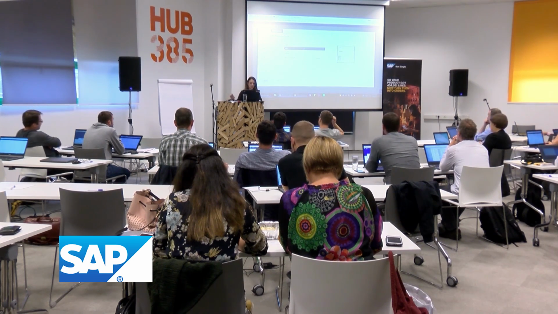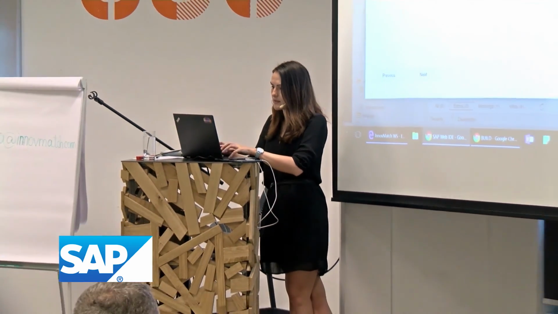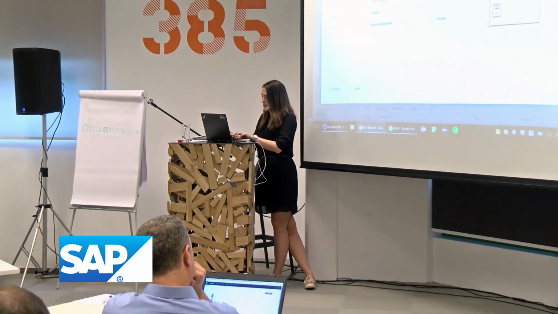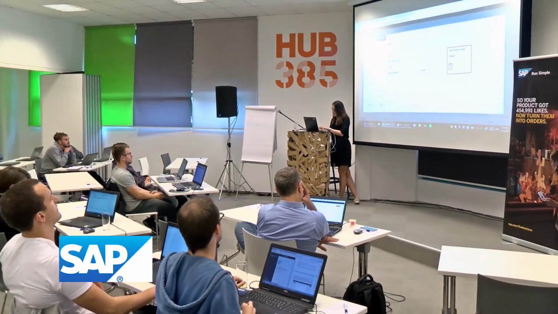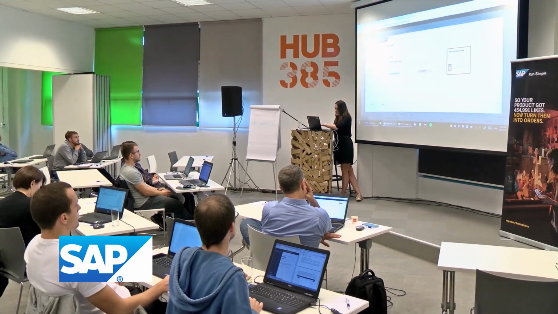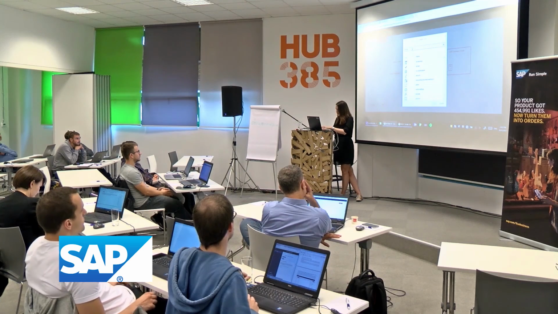Next, I will call it SAP. Oh no, it's static, and then I will call it SAP Translate Croatia. You can change also the link. That's it. And here I have my catalogs.